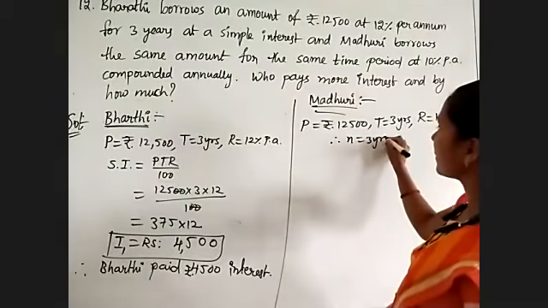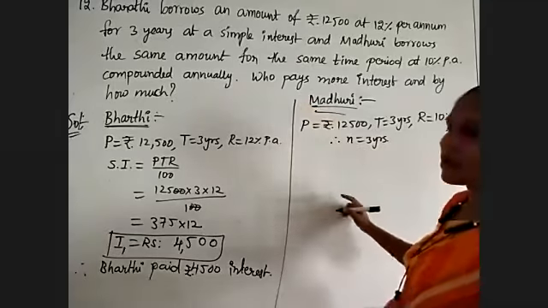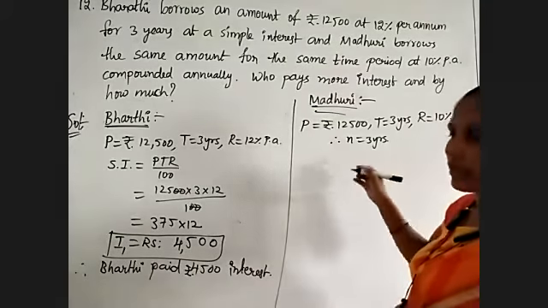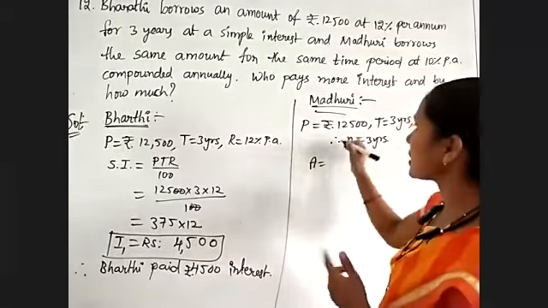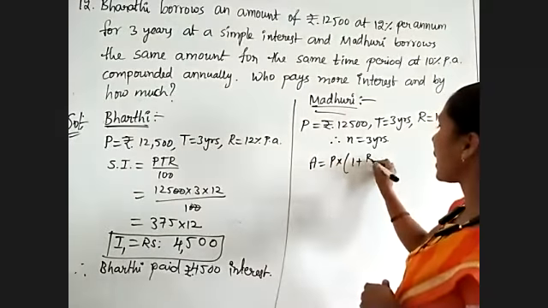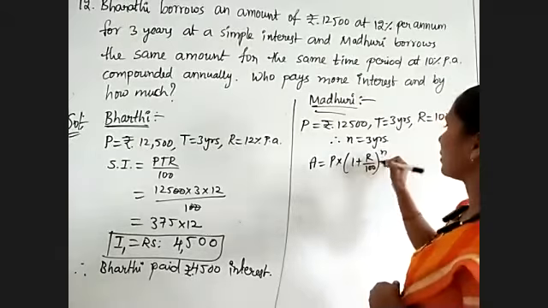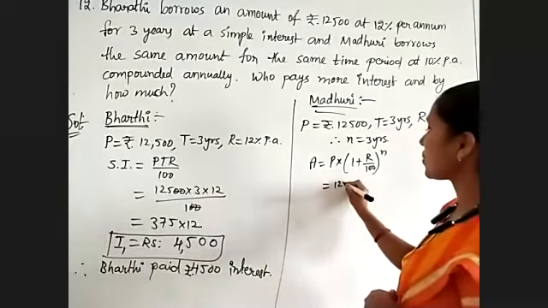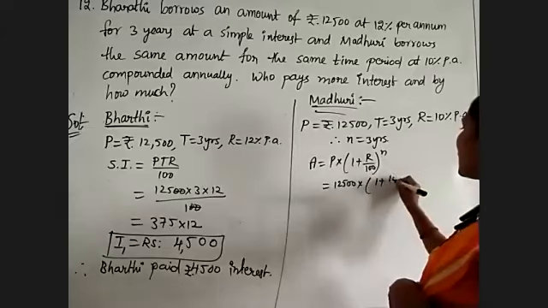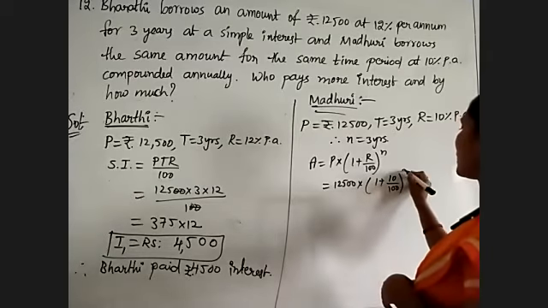We need to find the amount first, and after that we will find the interest. The amount is principal into 1 plus R by 100 whole to the power of N. Substituting all the values: 12,500 into 1 plus 10 by 100 whole to the power of 3.